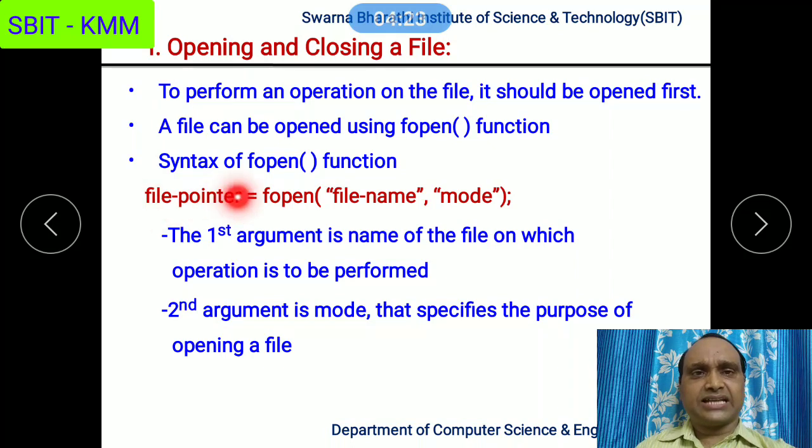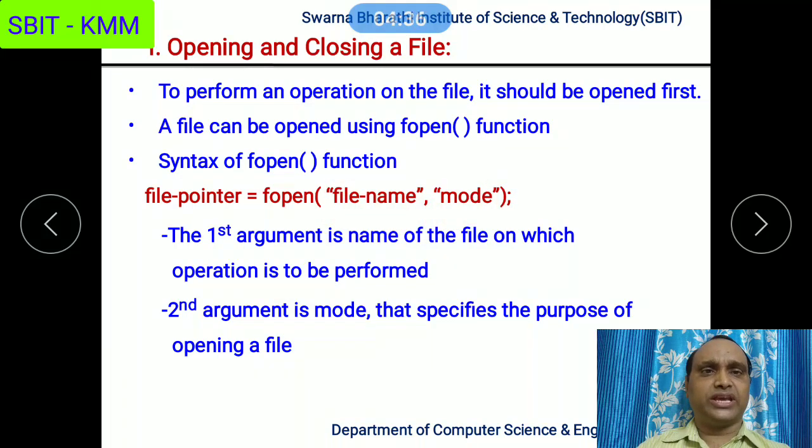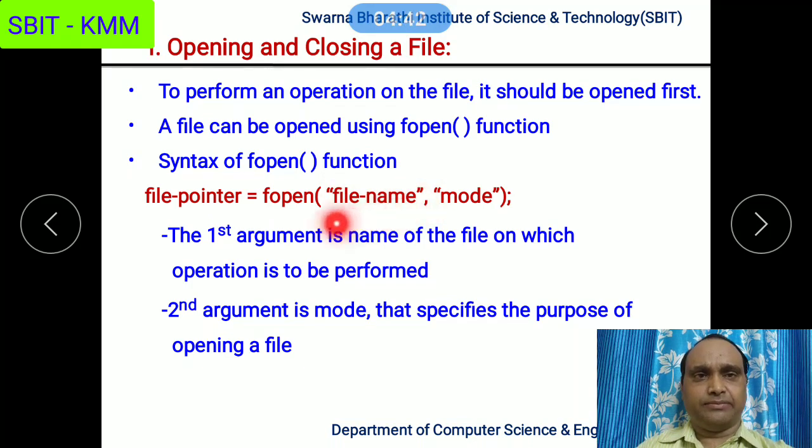Fopen function syntax is very simple. It is having a file pointer equal fopen function, and inside the parentheses we will give two arguments to the fopen function. So what are the two arguments? The first argument is the file name.